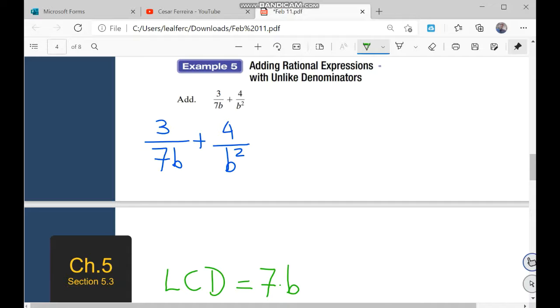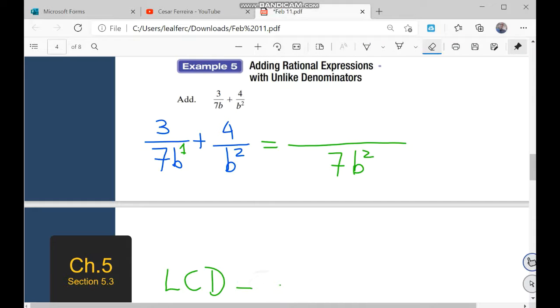For 7 it is 1, don't need to change anything. For b, this is b exponent 1, this is b squared, so the highest exponent is the square. That means the least common denominator, you can write down here, is 7b squared. Cool?